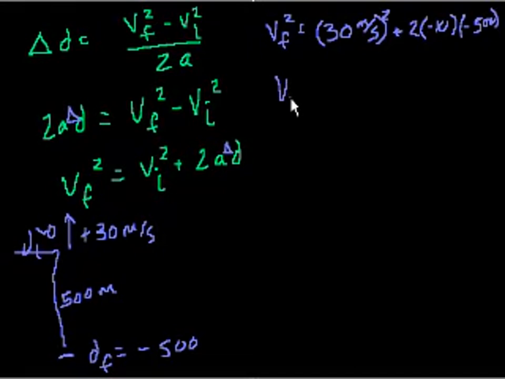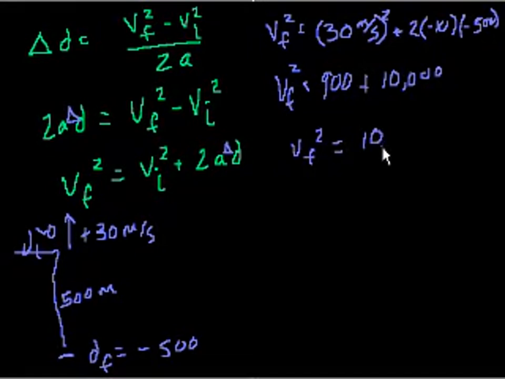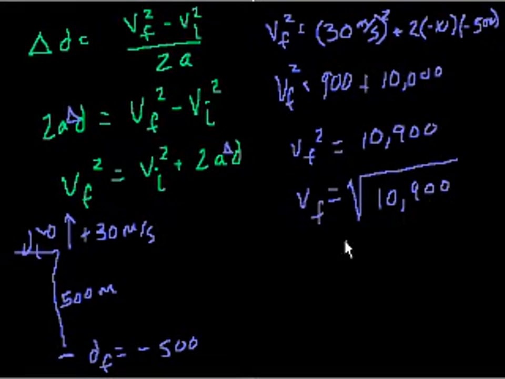So what does this get us? Vf squared is equal to 900, and then the negatives cancel out. 10 times 500 is 5,000, and 5,000 times 2 is 10,000. So Vf squared is equal to 10,900. So the final velocity is equal to the square root of 10,900.